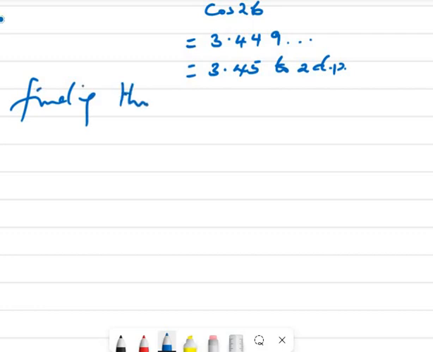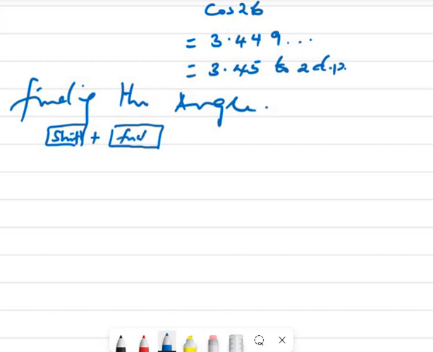Sometimes we will be required to find the angle. In this particular case, you will always be required to apply the shift function of your calculator. You will always first press shift, then you press the function.